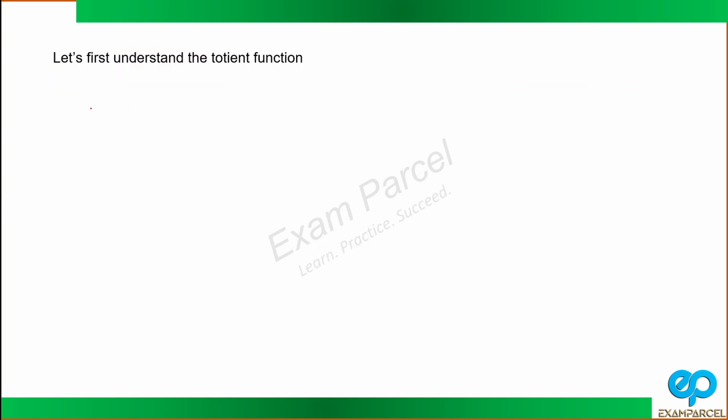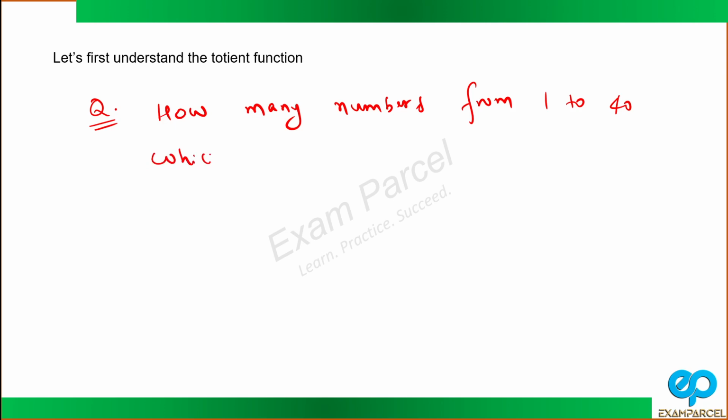So let's say I will write a question here. How many numbers from 1 to 40 are not divisible by, let's say, 5. Okay. So how will you approach this question?